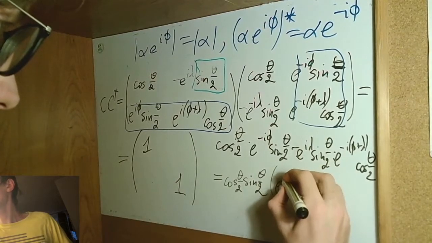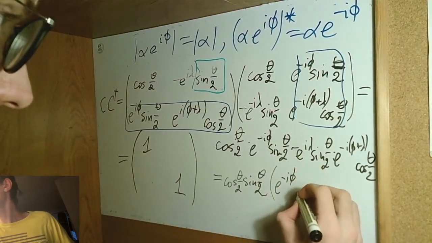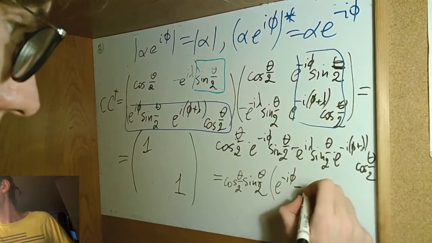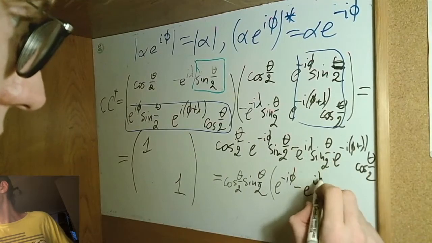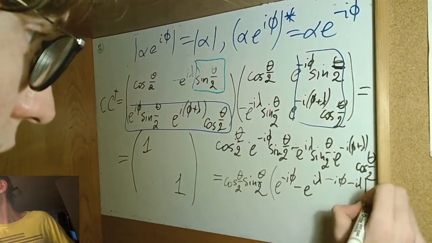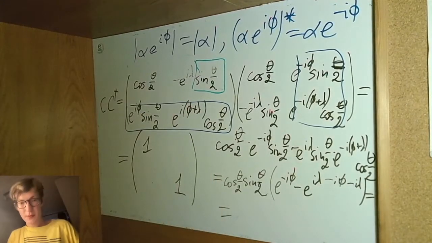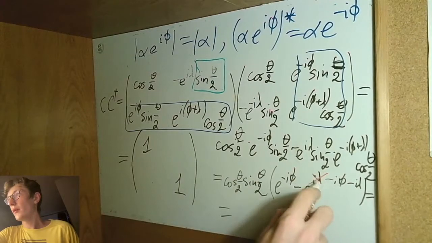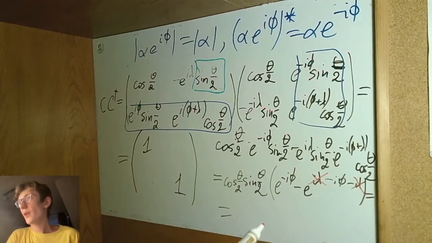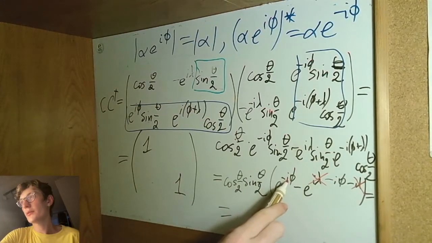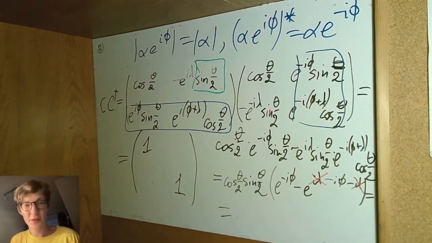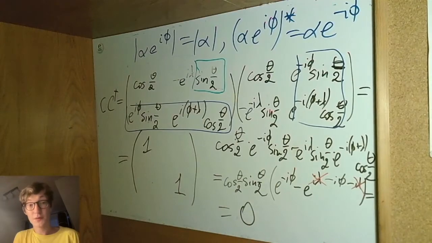And here we have e to minus I phi times, oh okay, minus e to minus I lambda minus I phi minus I lambda. So here I lambda just cancels out, right? And we get e to minus I phi minus e to minus I phi, so minus the same number, and that's why the whole thing is 0.